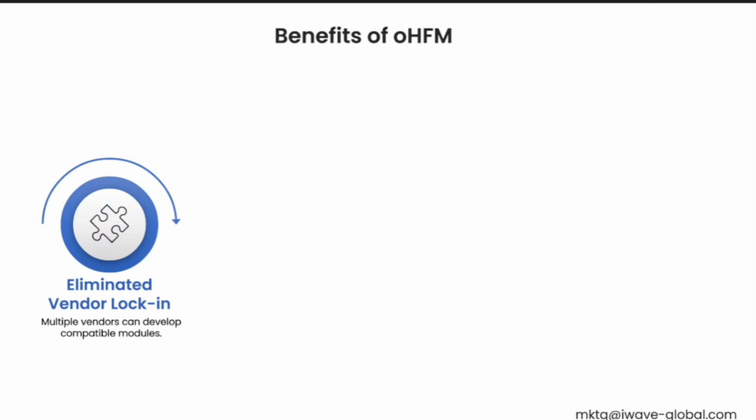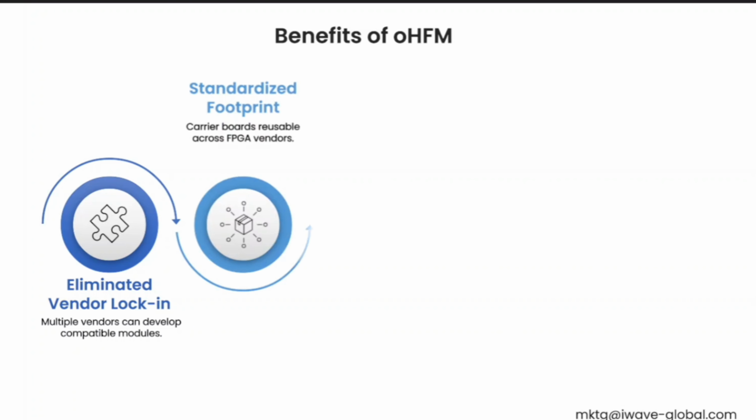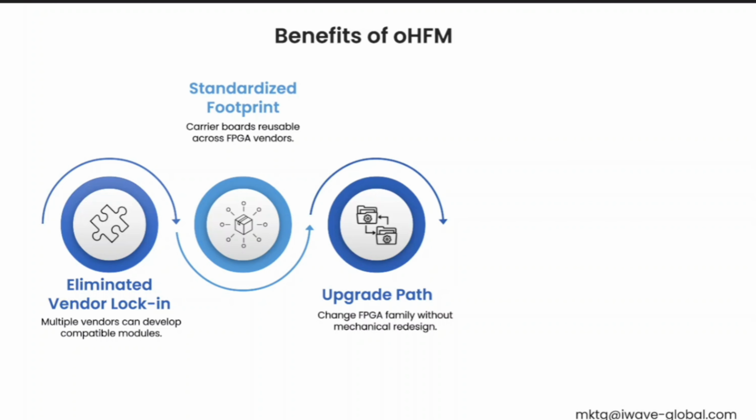Now, at a high level, if you look at the overall benefits of oHFM, the main advantage is eliminating vendor lock-in, so multiple vendors can develop compatible modules. The second is a standardized footprint: the carrier board can be reused across FPGA vendors. The third is an upgradable path.